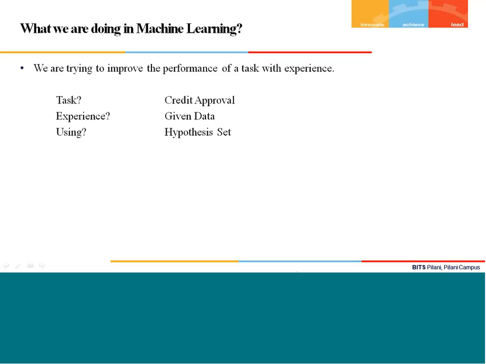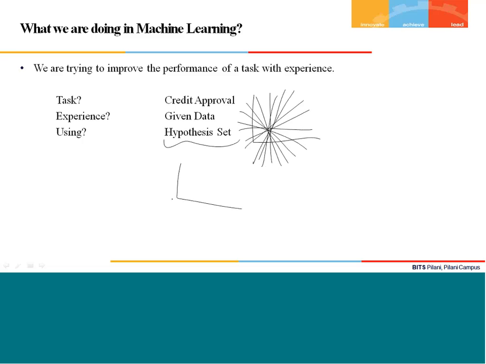In this algorithm, the hypothesis set is a set of infinite lines in a two-dimensional plane. You want to come up with a line that can classify the data accurately. That is your task.